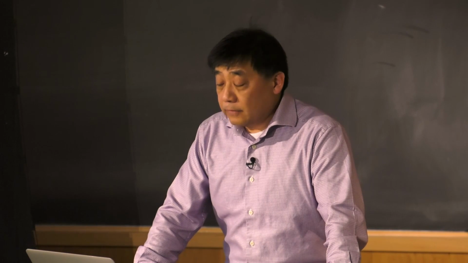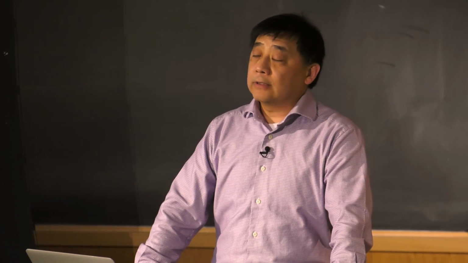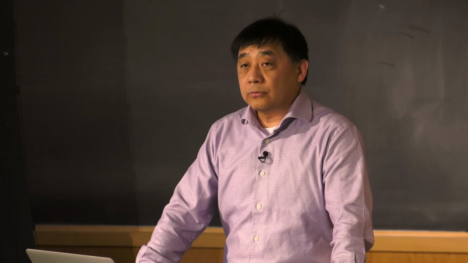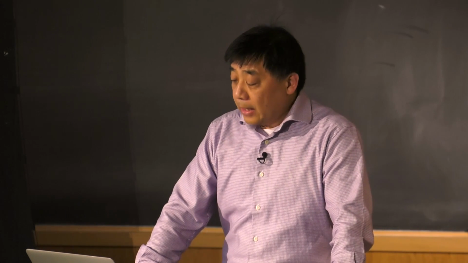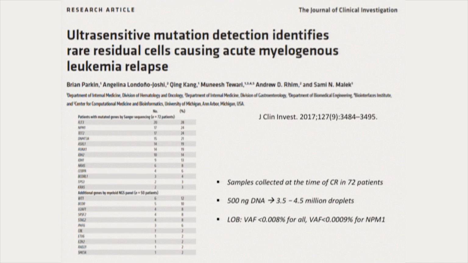Instead of using NGS alone, they translated the NGS data into a panel of digital droplet PCR assays. Their testing sensitivity is down to 0.001% or even lower, depending on the particular probe set. They proved the concept in 72 patients.